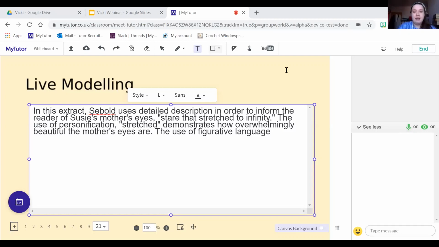So the use of figurative language is furthered by the use of the hyperbole. So both hyperboles and personification are types of figurative language. Then I'm going to talk about my quotation stretched to infinity.